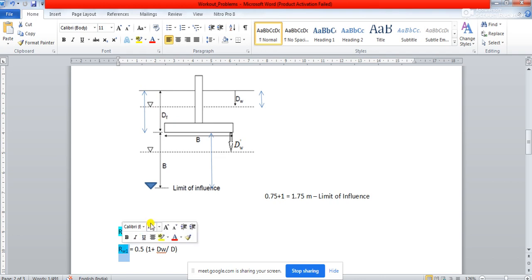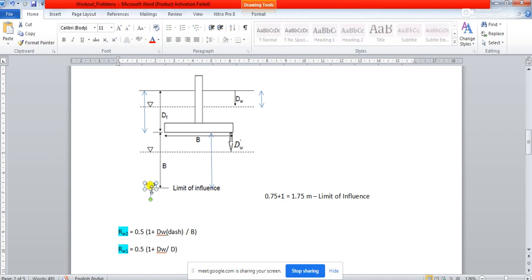Now if you consider the Rw2 factor, when the water table is lying just at the limit of influence, the value of Rw2 also will remain 1. You understand why?